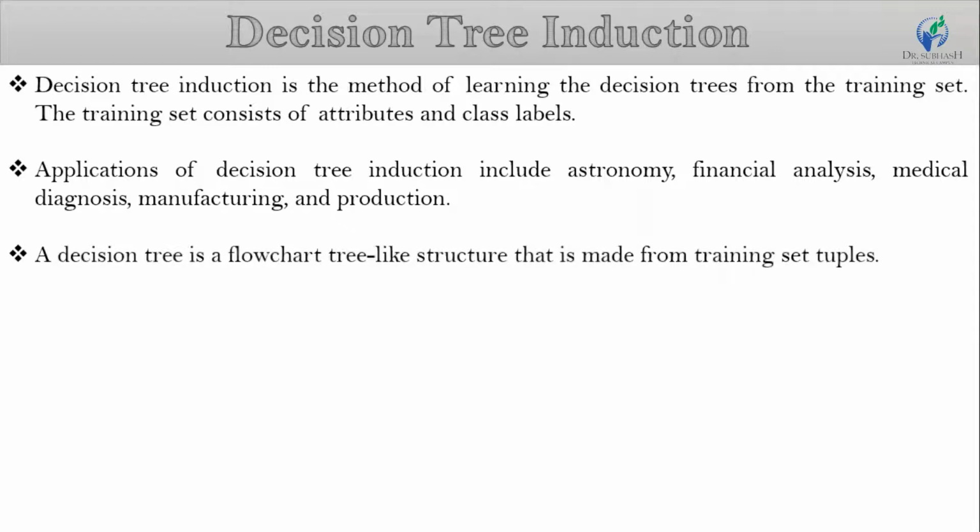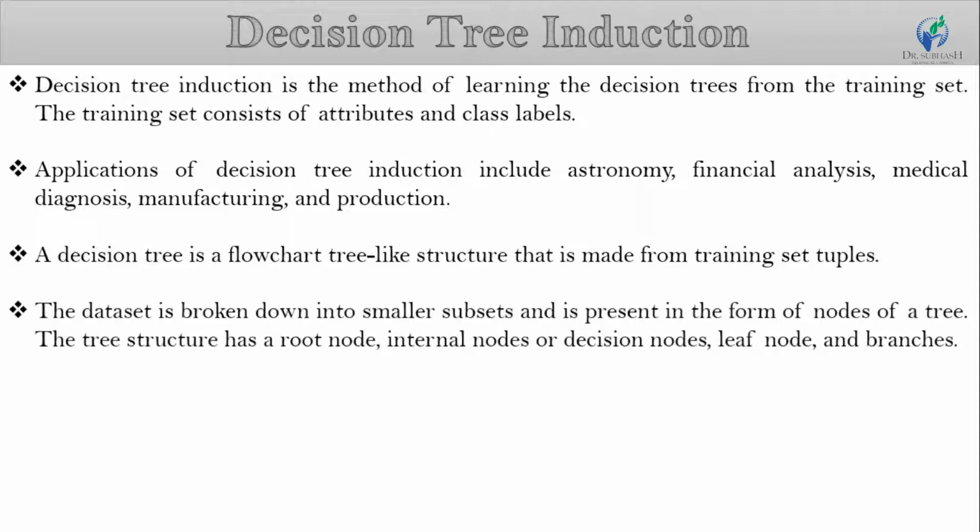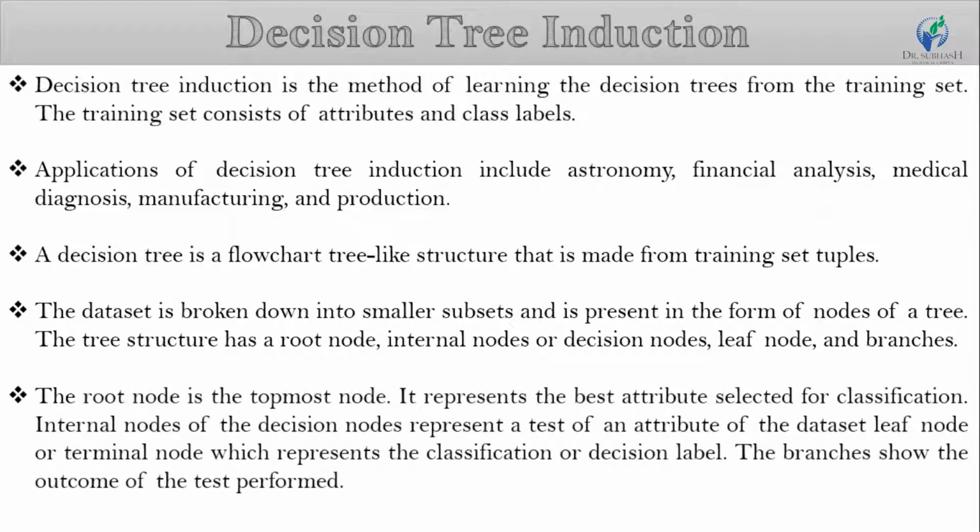A decision tree is a flowchart-like tree structure that is made from training set tuples. The data set is broken down into smaller subsets and is presented in the form of nodes of a tree. The tree structure has a root node, internal nodes or decision nodes, leaf nodes and branches. The root node is the topmost node. It represents the best attribute selected for classification.